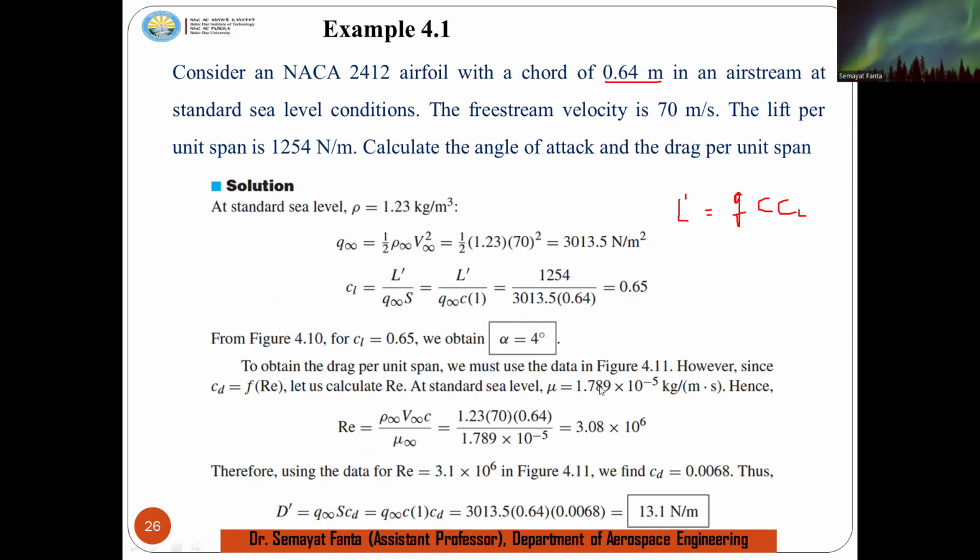For air, at standard sea level, mu is equal to 1.789 times 10 raised to minus 5 kilogram per meter second. Therefore, Reynolds number is calculated from here. It gives 3.08 times 10 raised to 6. And using data for Reynolds number 3.1 times 10 raised to 6 in figure 11, we find CD.